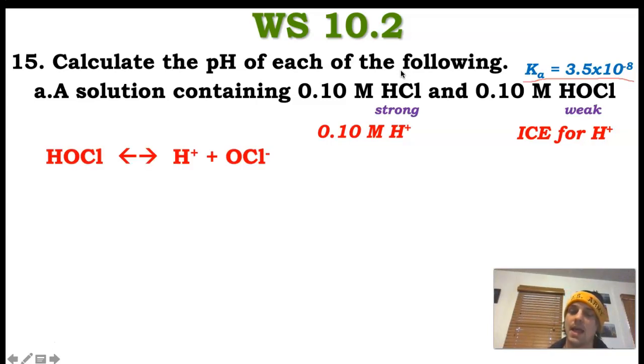Now, in this equilibrium problem, I already have some H. It's a common ion problem. So this concentration of H is my initial concentration right here, because this is supplying some hydrogen. It's not starting as 0, it's starting as 0.1.